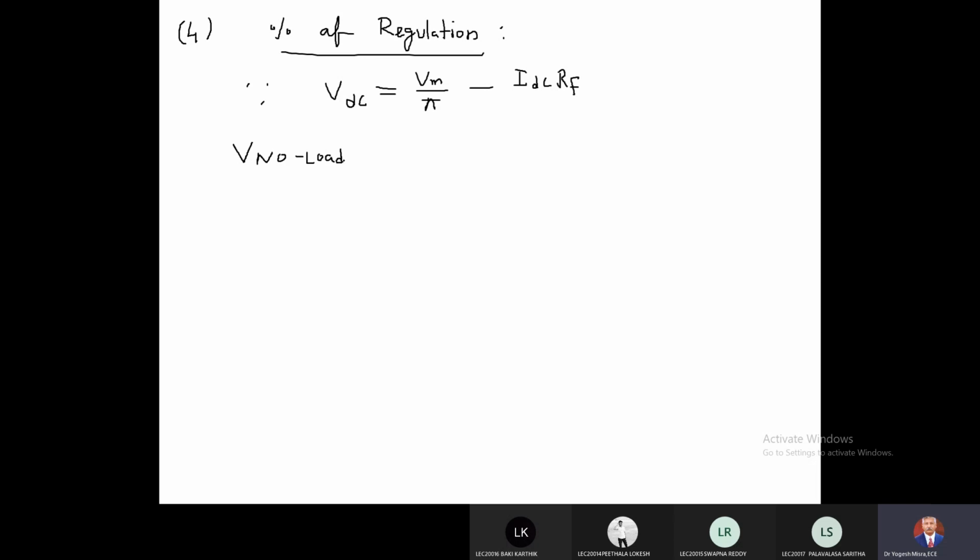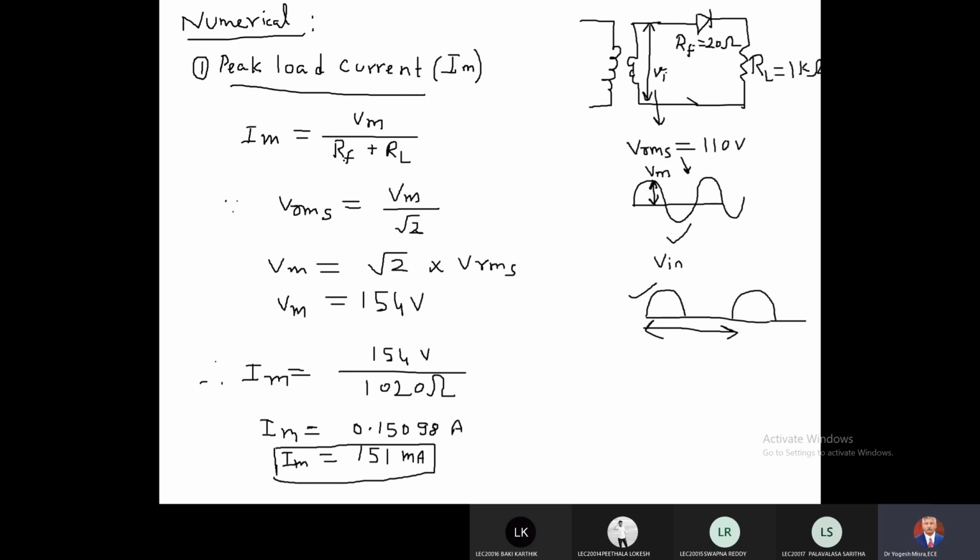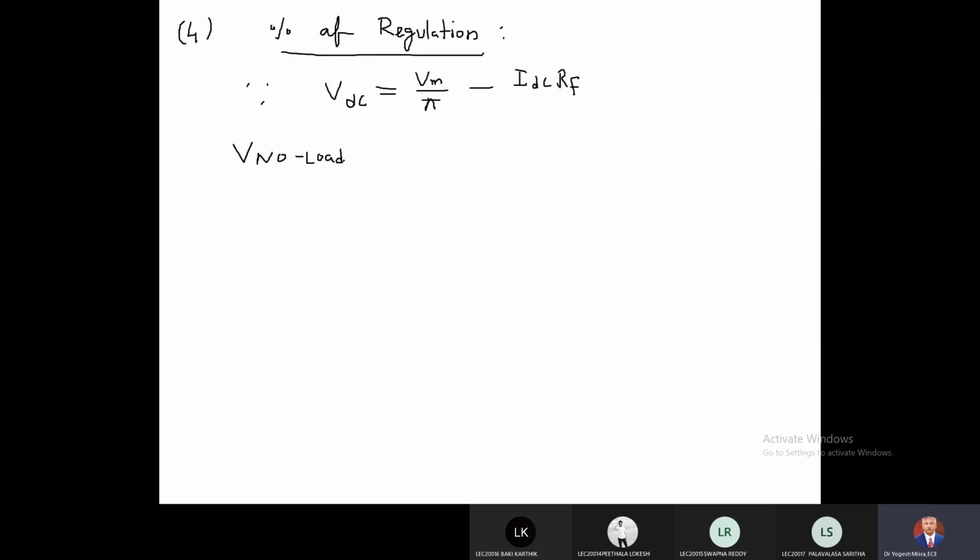Voltage at no load means RL is not there. Then what will be the output voltage here? If RL is not there, then there is no IDC flowing in this circuit. So the voltage at no load can be calculated.